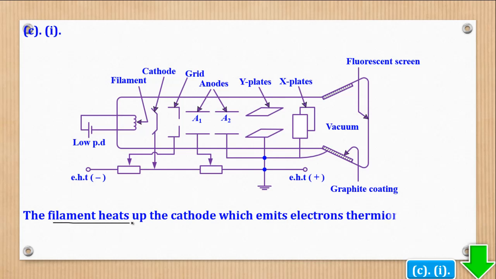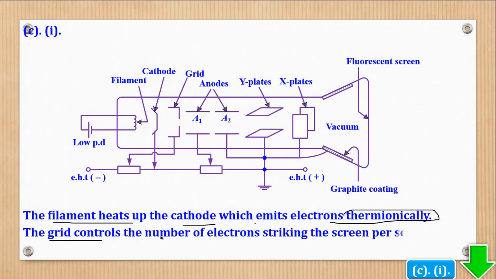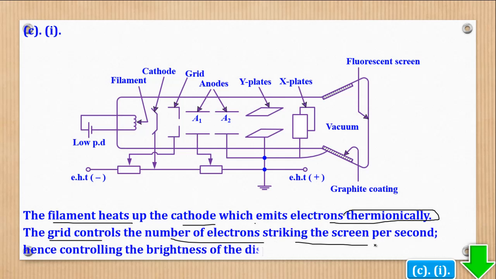So the filament heats up the cathode, which emits electrons thermionically. I think we already saw what thermionic emission means. Then the grid controls the number of electrons striking the screen per second, hence controlling the brightness of the display.